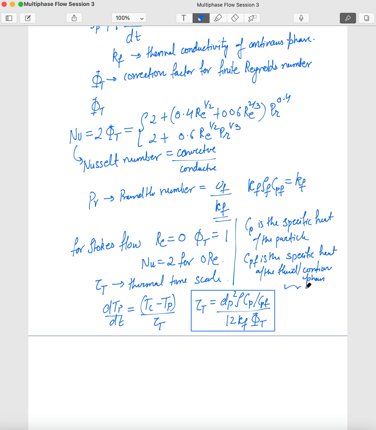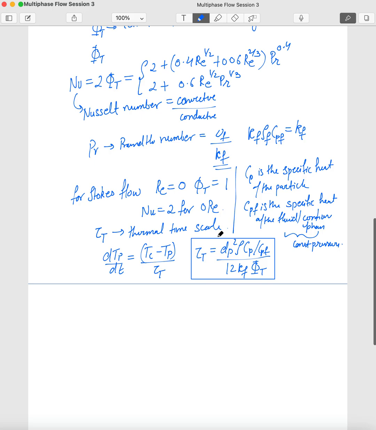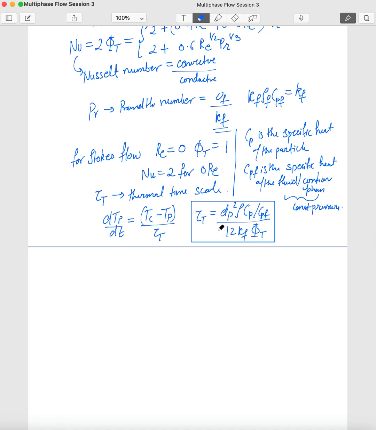Both are at constant pressure. Okay, now we know what tau t is, so that is the main thing.